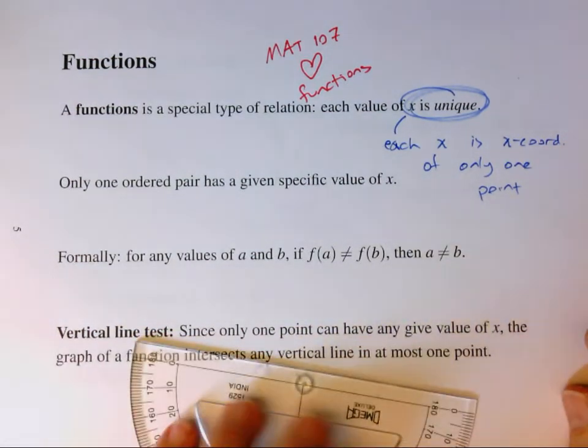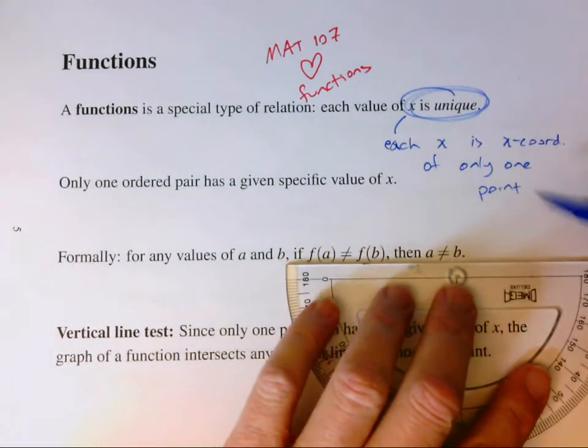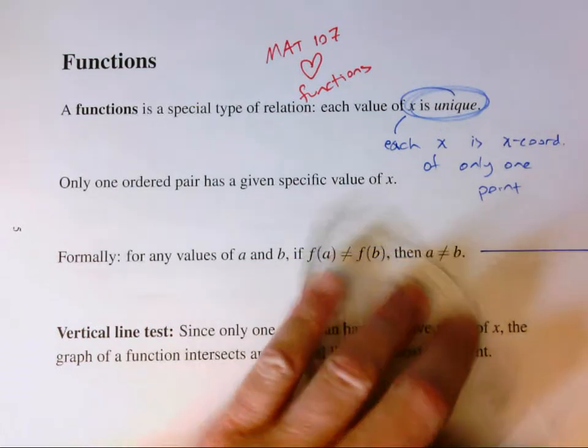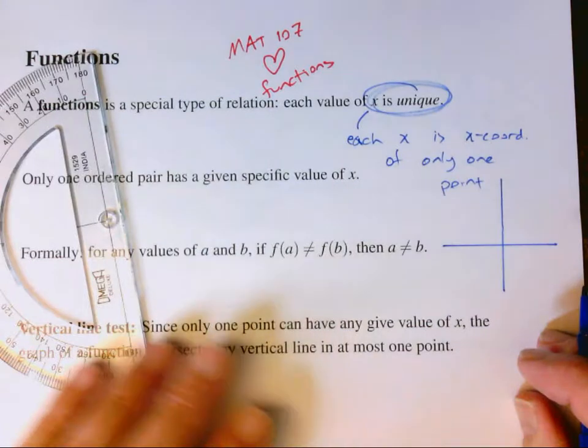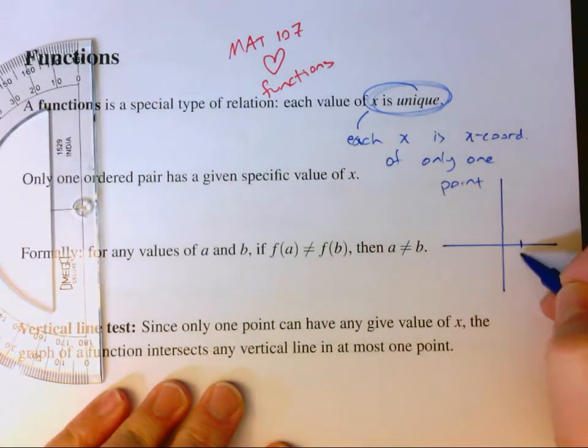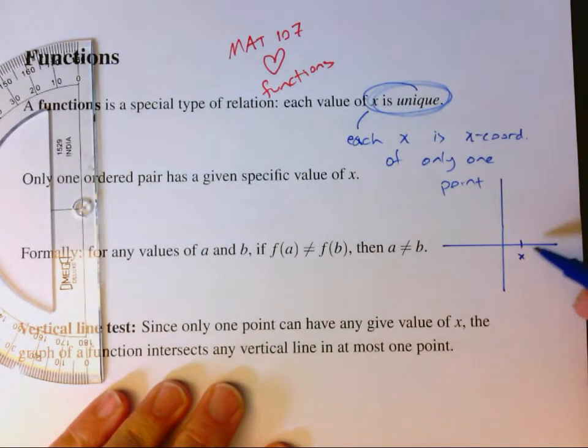So what that means, if you've got the graph of a function, if you pick an x here, if this x is in the domain, I'm only allowed to use it once. I can only put 1 point above that. So I can put a point here, but that's all I can put.